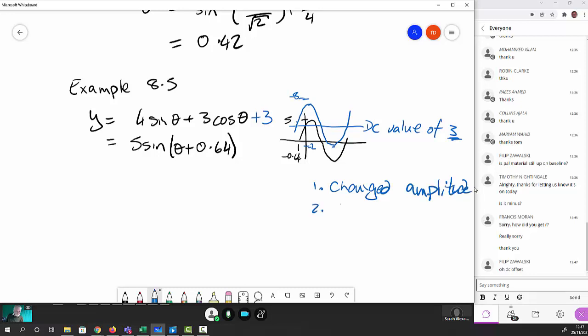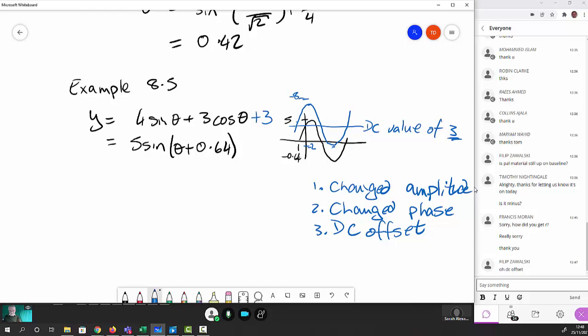Two is we've changed the phase. And three is we've given them a DC offset. Those are the 3 things that we've done to the curve. We could, but I'm not going to, change the frequency as well. But let's just stay with what we've got for now.